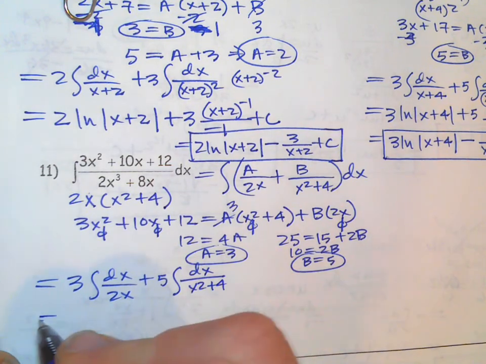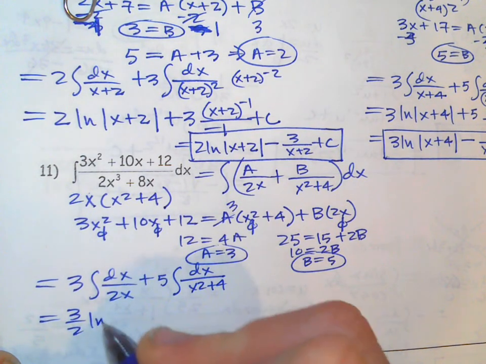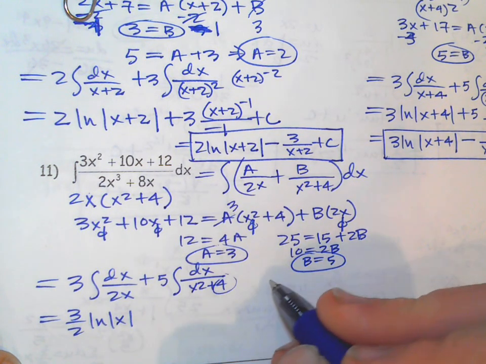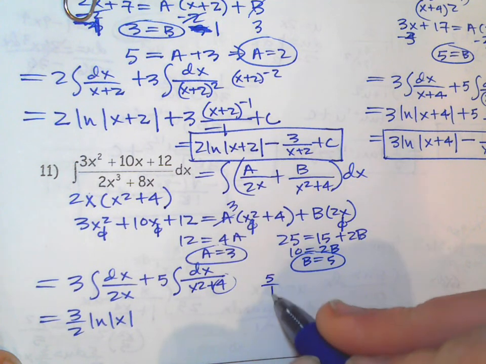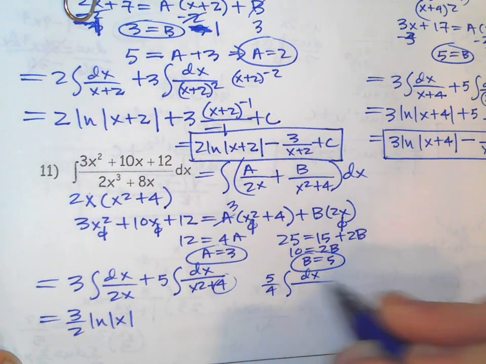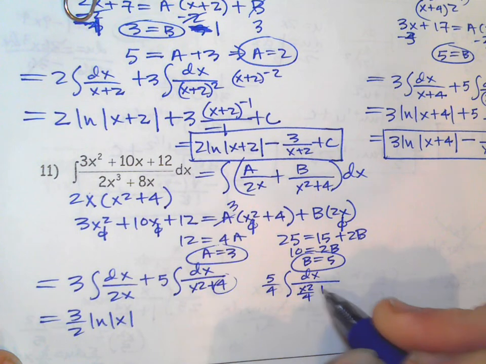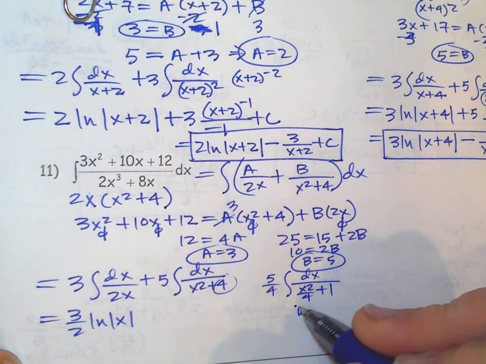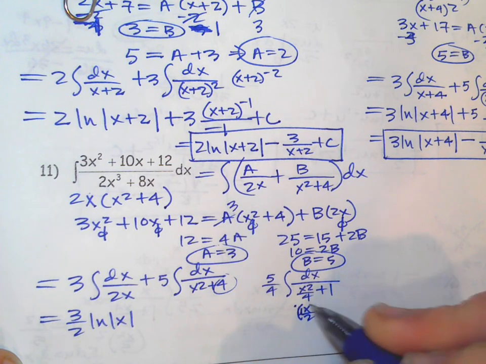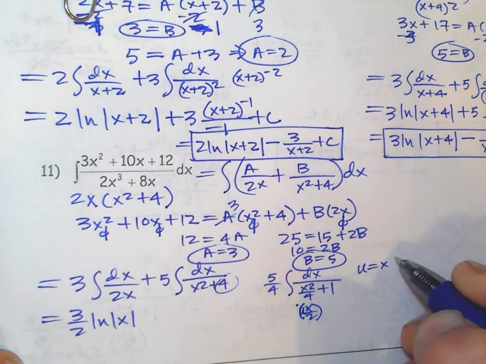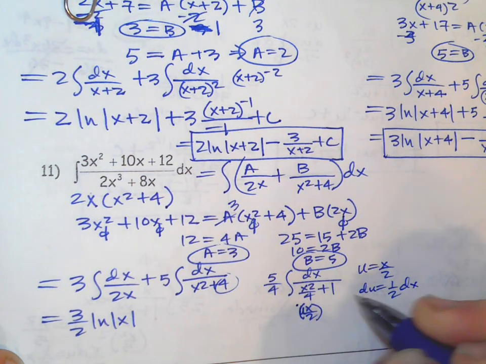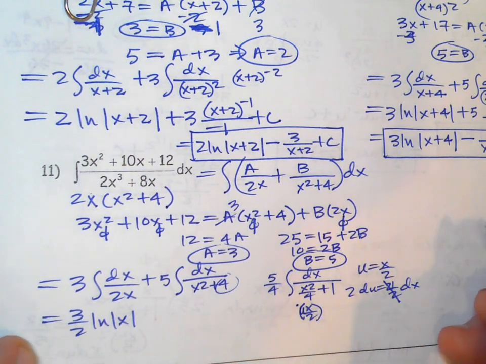Now this is interesting. This is going to be 3 halves natural log of the absolute value of x. This is inverse tangent, but you've got to make this a 1 first, so you're going to factor 4 out to make that a 1. Then this is going to be your u, x over 2. So u equals x over 2, so du equals 1/2 dx. I don't want the 1/2, so I'm going to multiply both sides by 2.